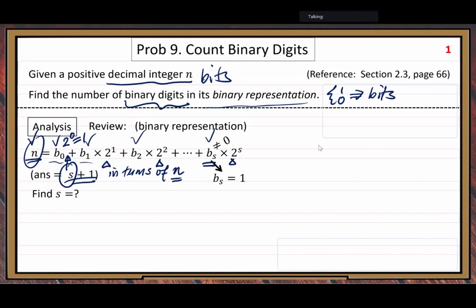So here we need to find a way to calculate it. Our goal is to calculate s. When we calculate s, we want to use n, the input number. Input is n, the output is s. n is known, s is unknown. So we need to do the calculation to get s.